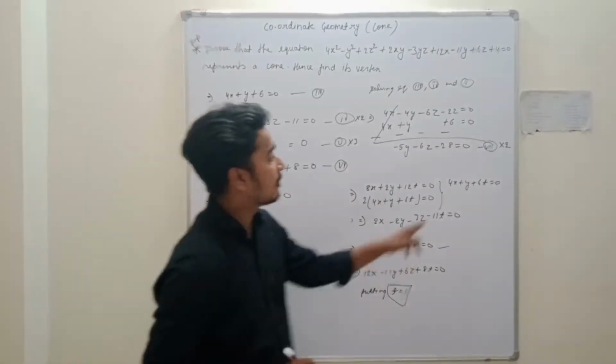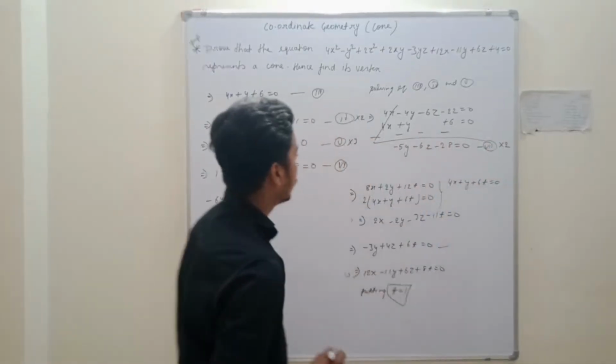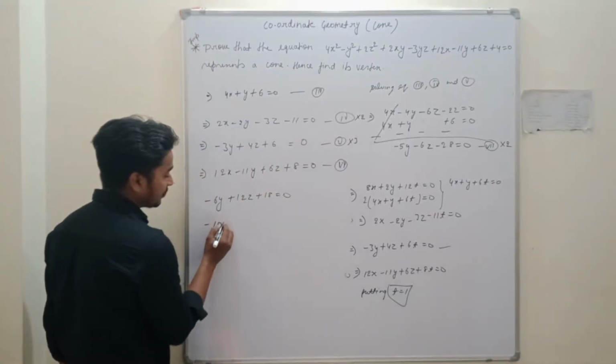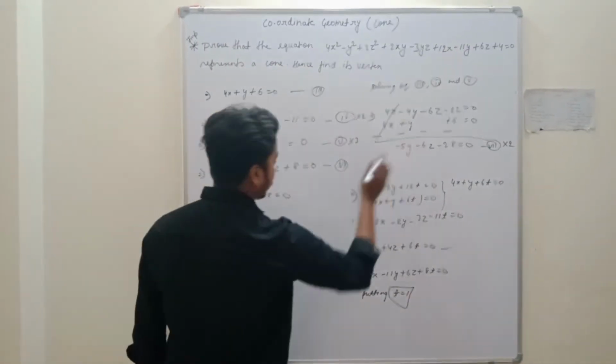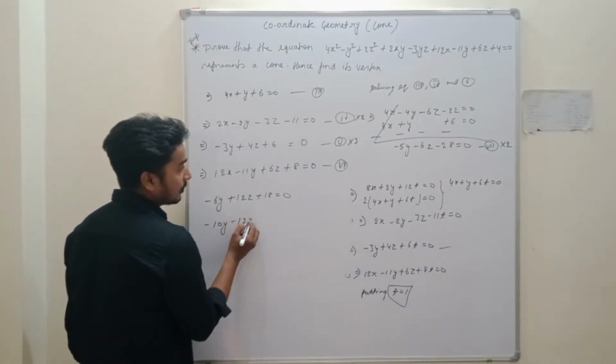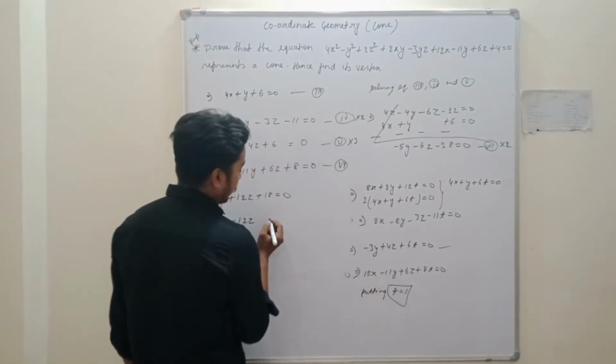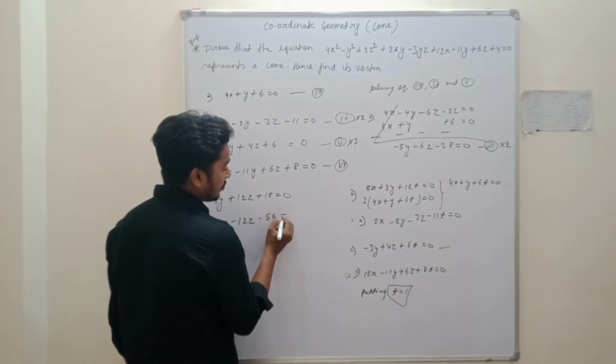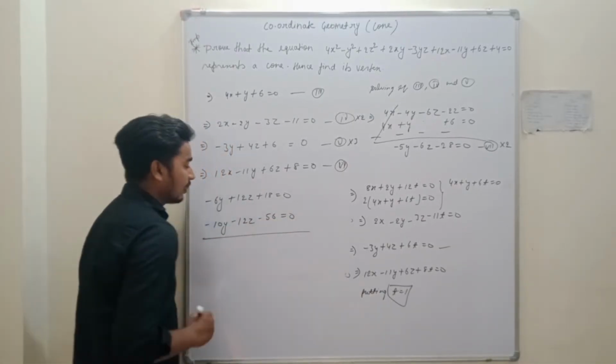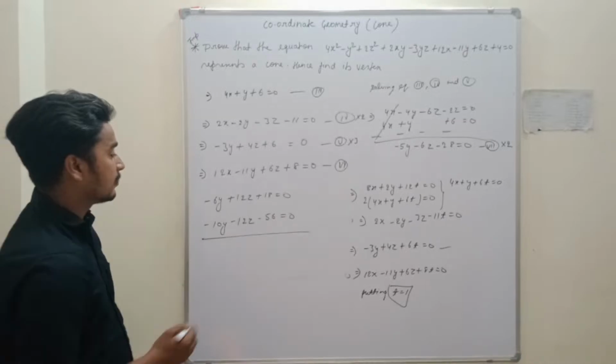Similarly, equation 7 multiplied with 2 we get here minus 10y minus 12z minus 56 is equal to 0, and from here plus 12z and minus 12z are cancelled out.